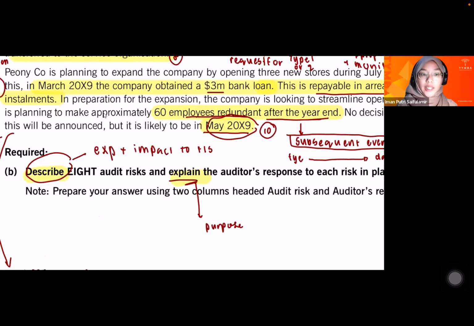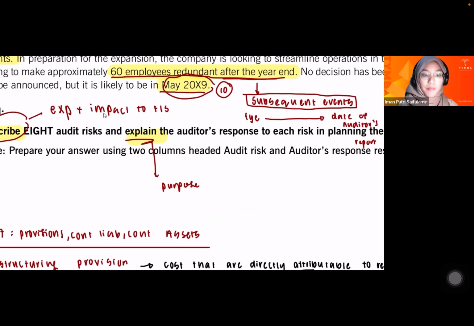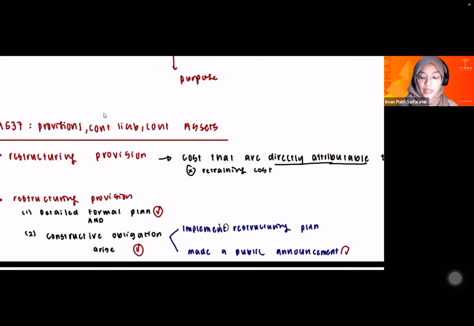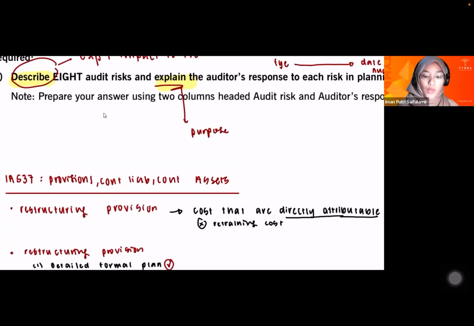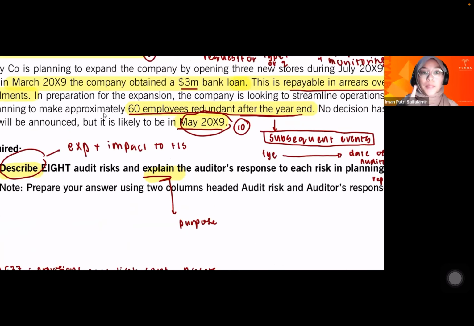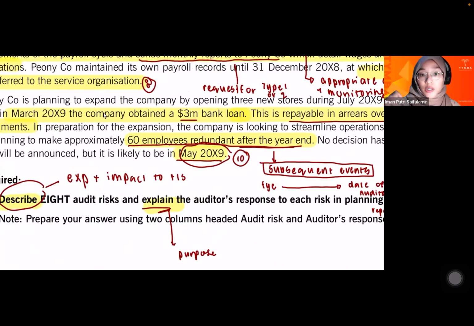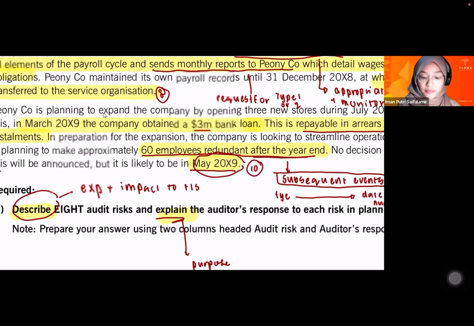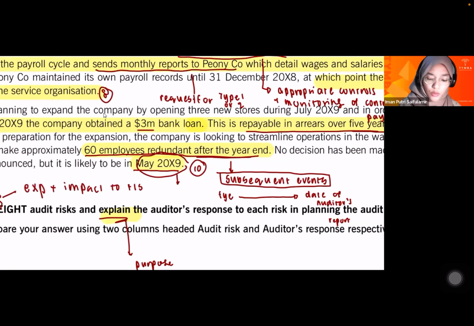And the constructive obligation has arisen because they have made a public announcement. So as at the year end, we have to make sure that the company recognizes a provision for this redundancy cost. If not, the provision will be understated. So this is the issue on restructuring provision as per IAS 37.